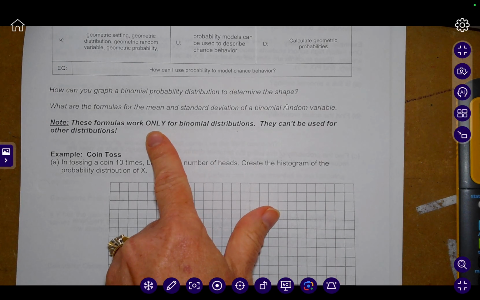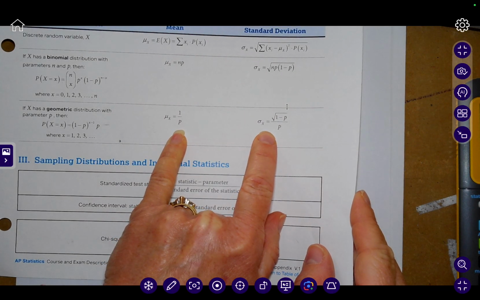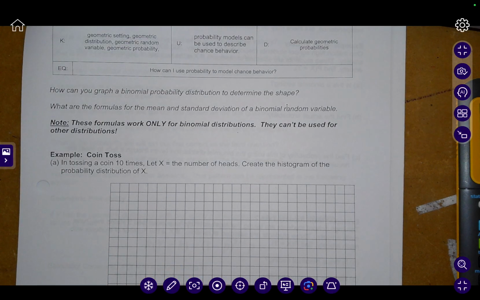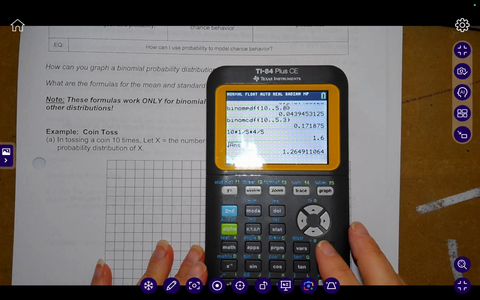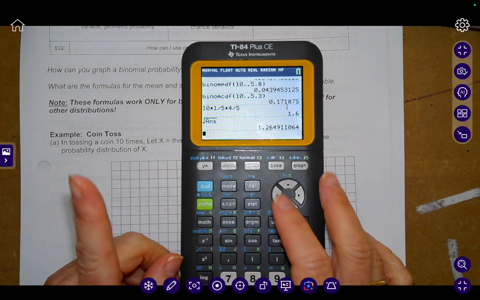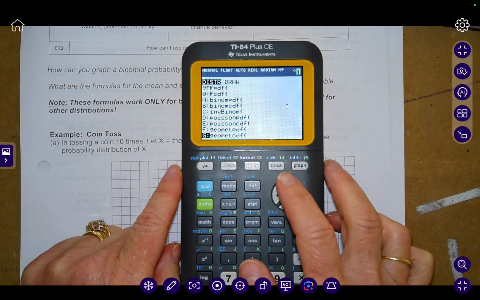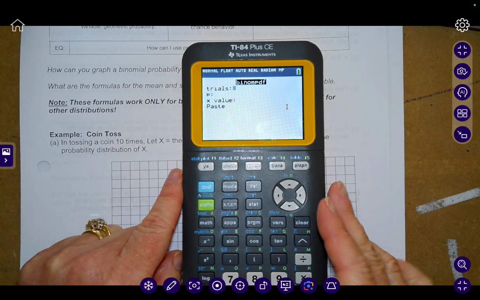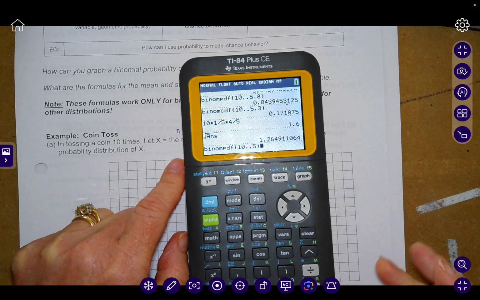The formulas are only for the binomial. The geometric, which we'll talk about later, has its own formulas. So those are only for the binomial. Don't use them for other distributions. And so what you can do here, you have a couple options. You can go to second vars, find binomial PDF, leave the x value blank, and hit paste.